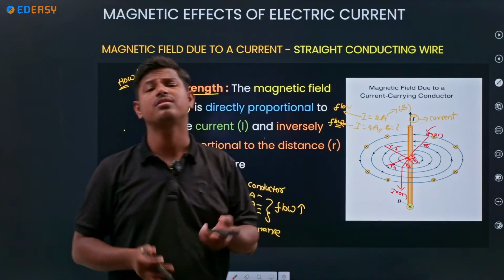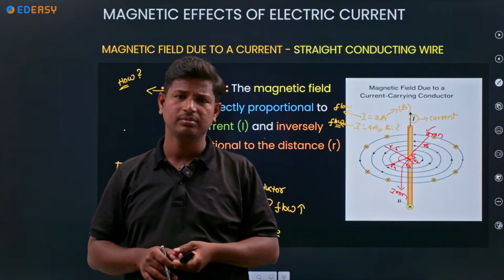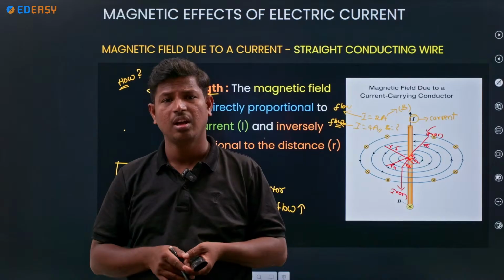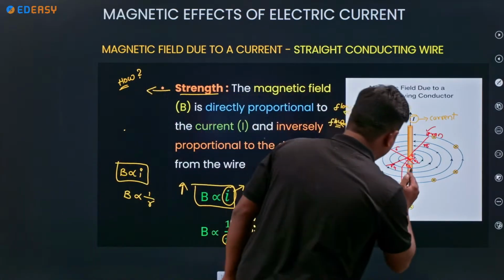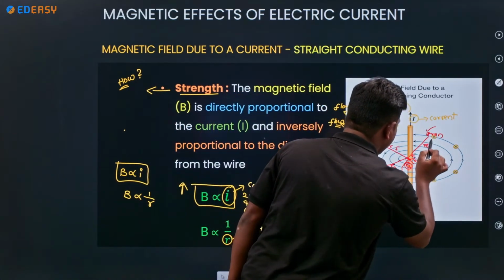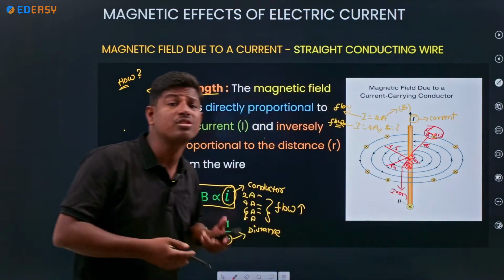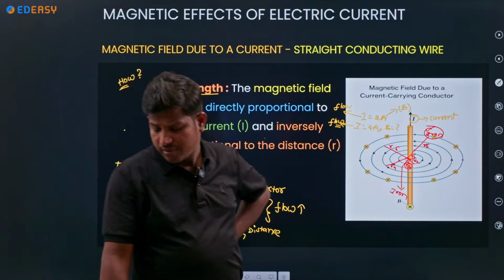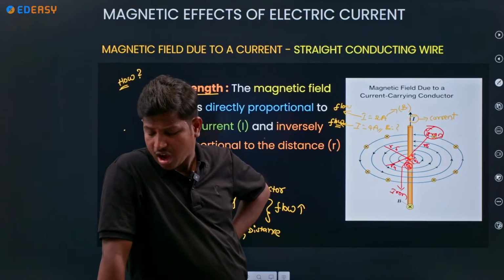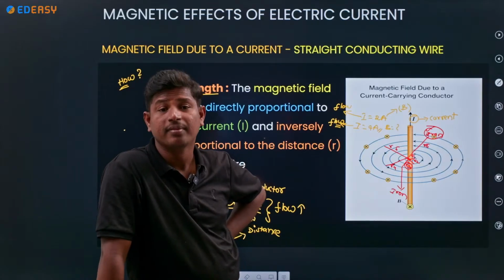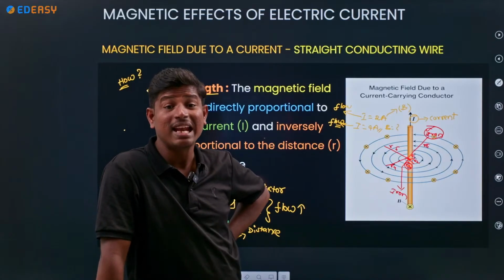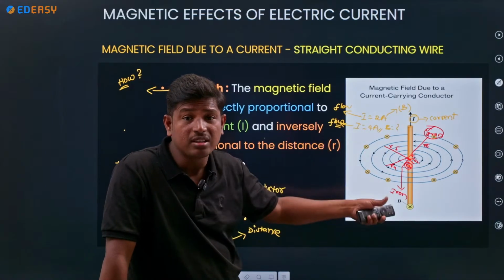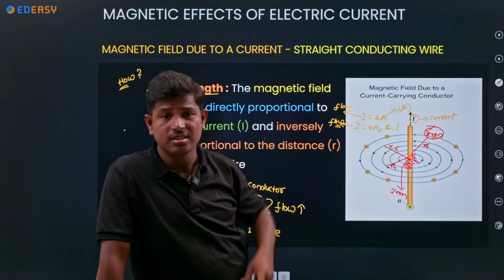Where is the attraction force maximum, at radius R3 or at radius R6? Tell me, anybody from the comment section? Where will the attraction force be maximum, at a distance of R3 or at a distance of R6?